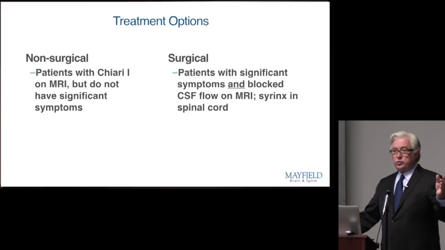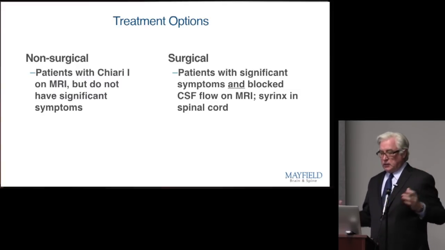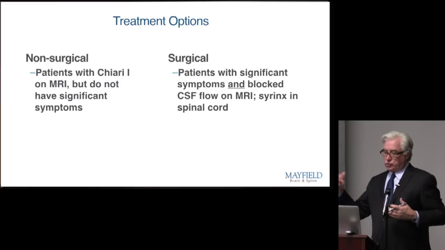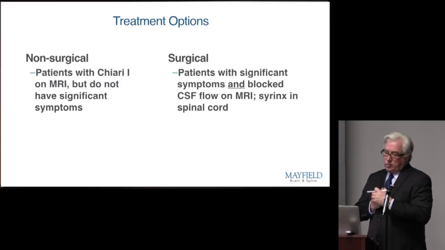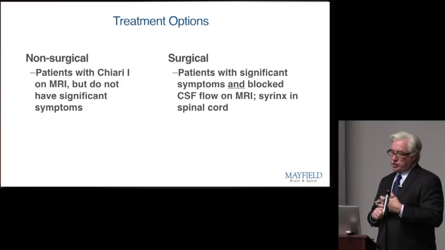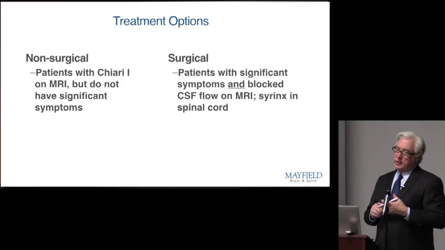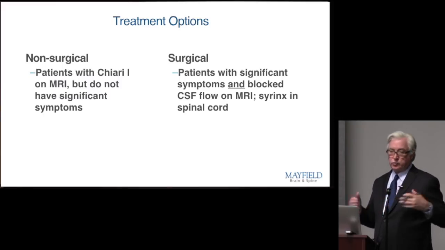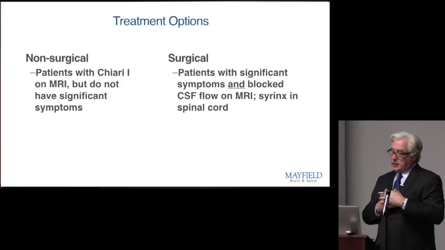So there are two groups that are very simplistic: non-surgical treatment or surgical treatment. Patients may have Chiari malformation but have minimal symptoms or minor symptoms or hardly ever any symptoms. We certainly wouldn't ever think about any kind of surgical treatment.